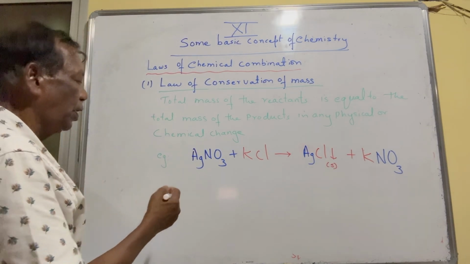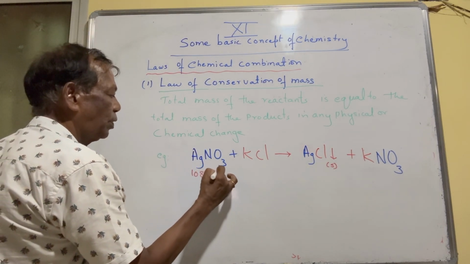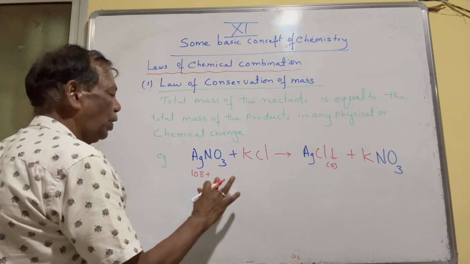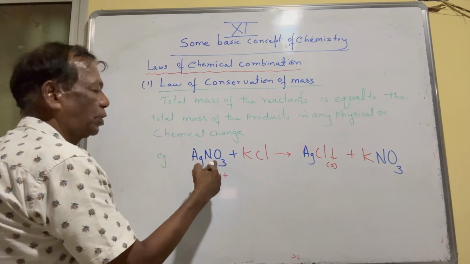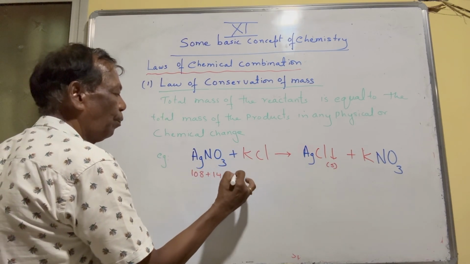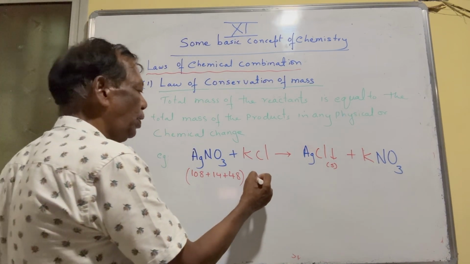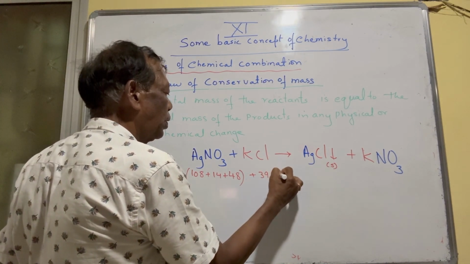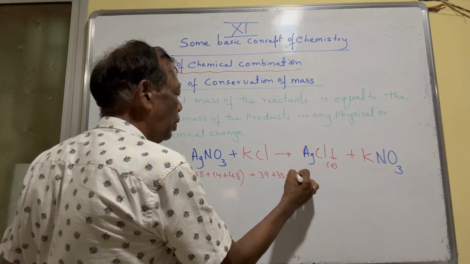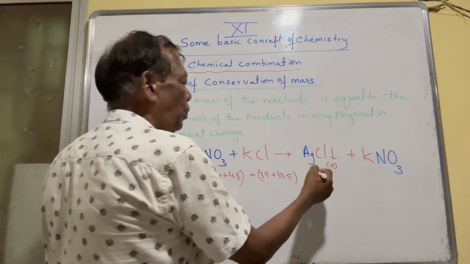Suppose I put silver as 108, plus nitrogen 14, oxygen 16 times 3 is 48. This is the total mass of silver nitrate. Potassium is 39, chlorine is 35.5. If you add this and add that, the two will be equal.